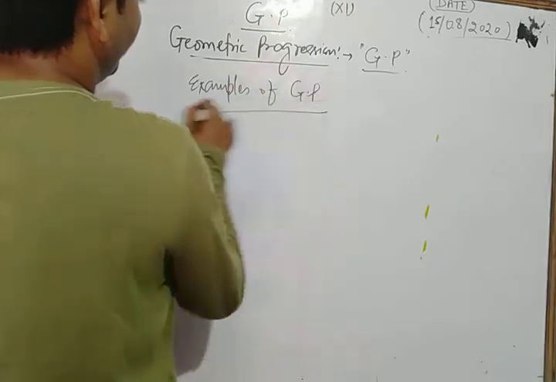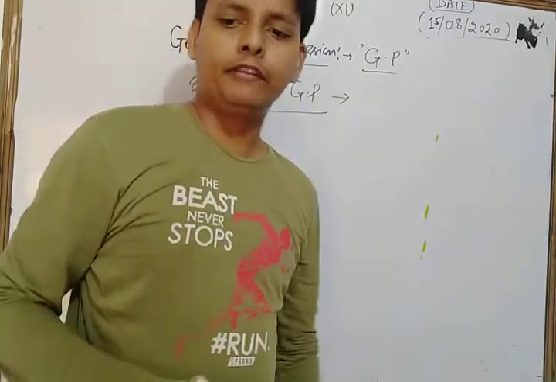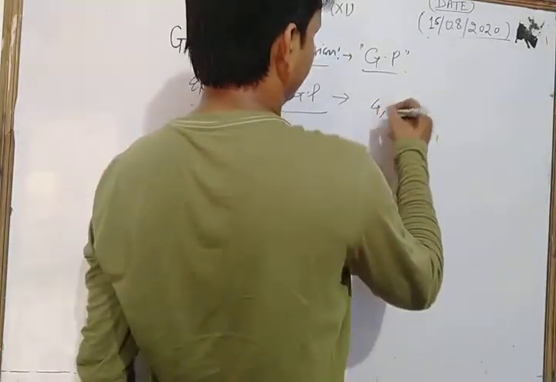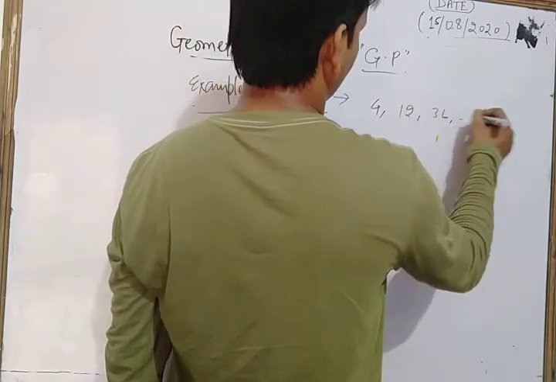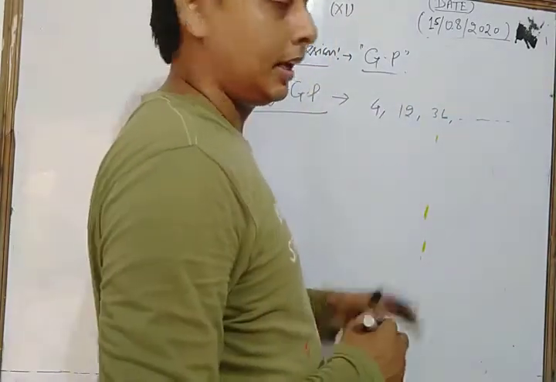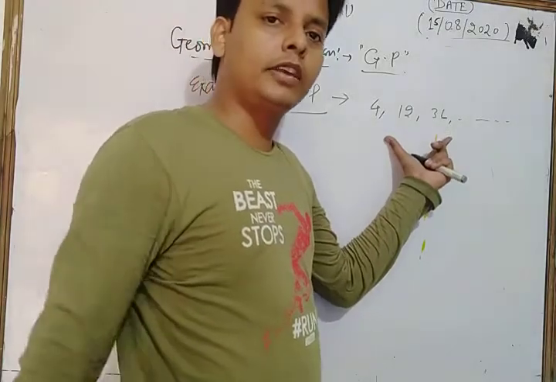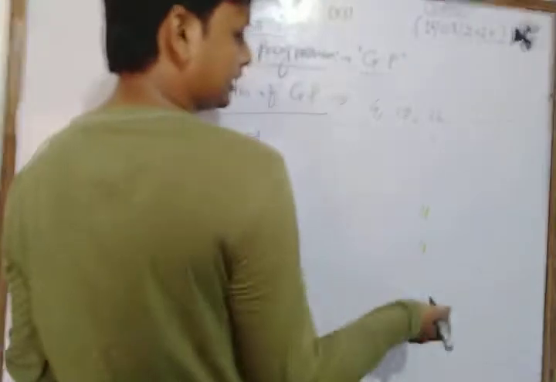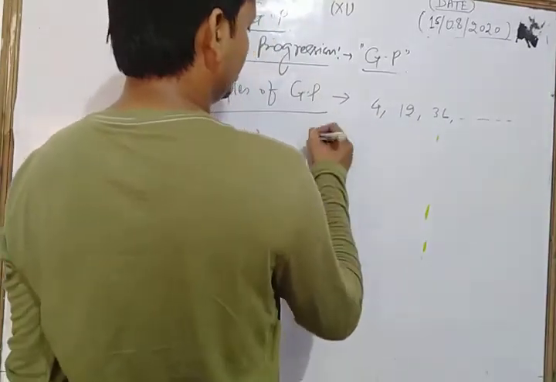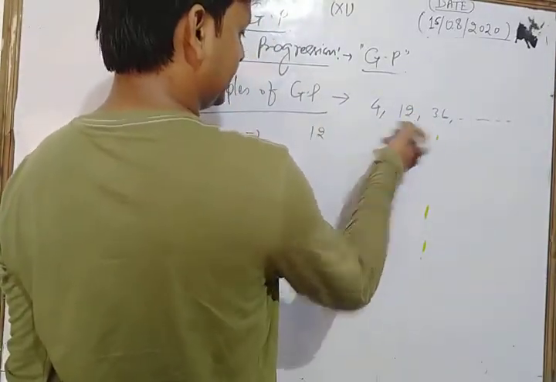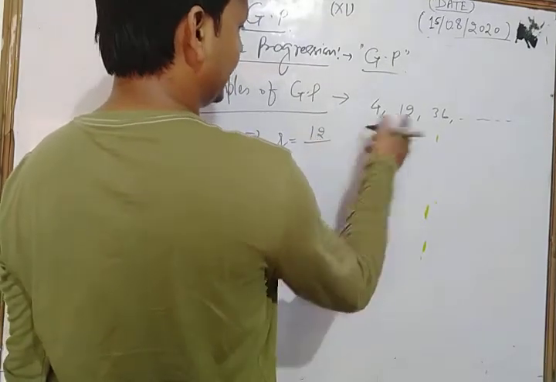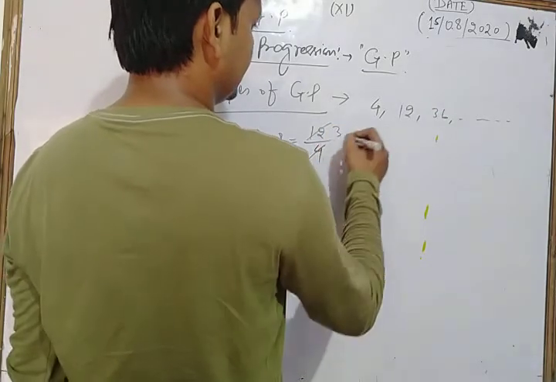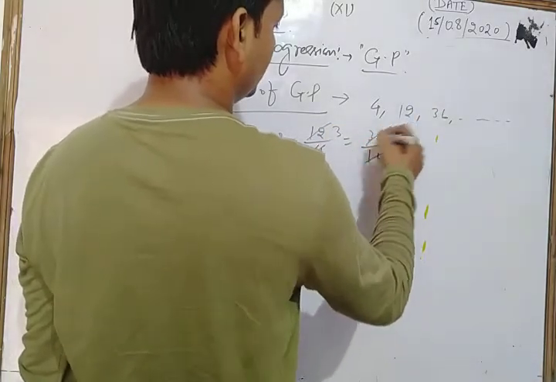Let's discuss examples of GP. Suppose we write a sequence. Here a sequence is given. If its common ratio is the same, then the sequence is a GP. So here we find the common ratio r: second term upon previous term, that is 4, is 3. Similarly 36 upon 12 is also 3.